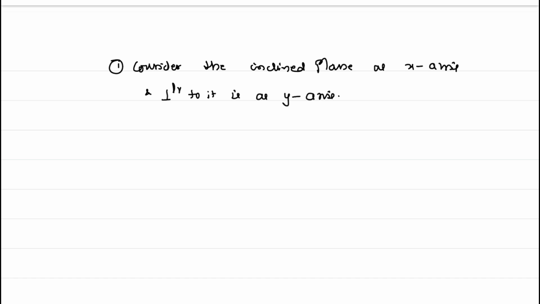This is the first step. Whenever you go for solving inclined plane problems, the first step is this one. Next, let us try to resolve the forces in the x direction and y direction.